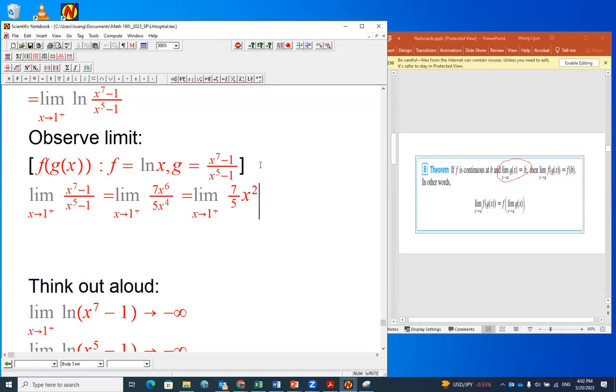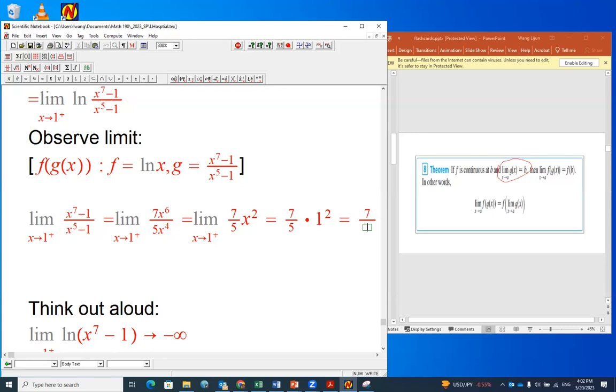This is a quadratic function, which certainly is continuous at 1. So the answer is simply a direct substitution. Replace x by 1. So the final answer for the inside function is 7 over 5.